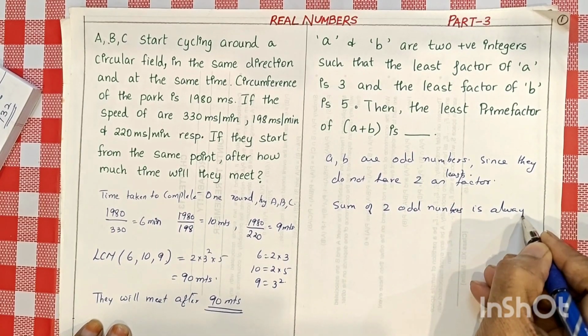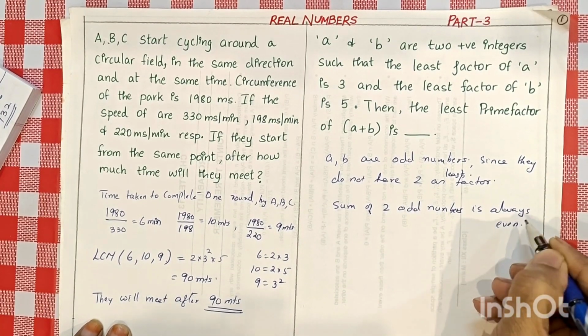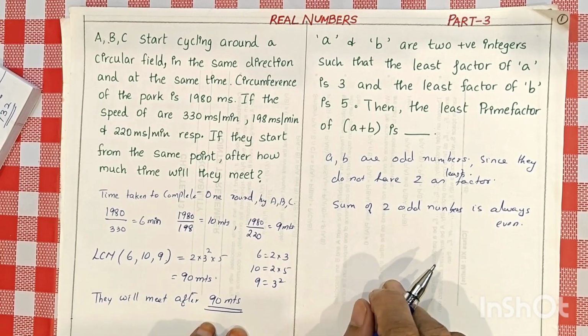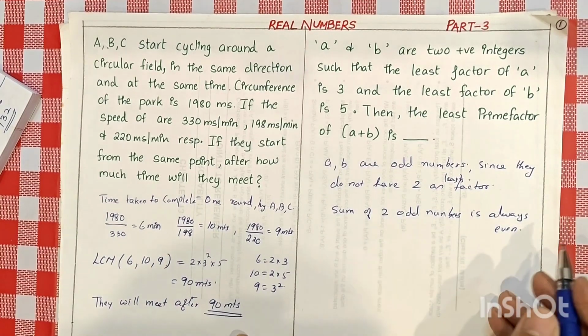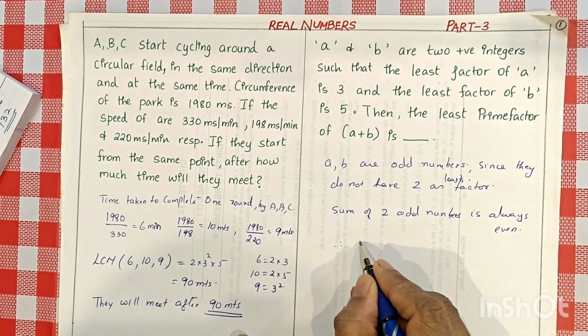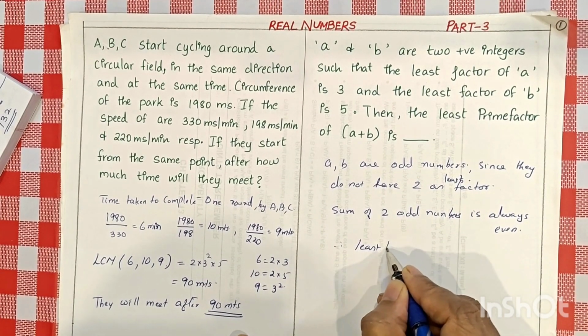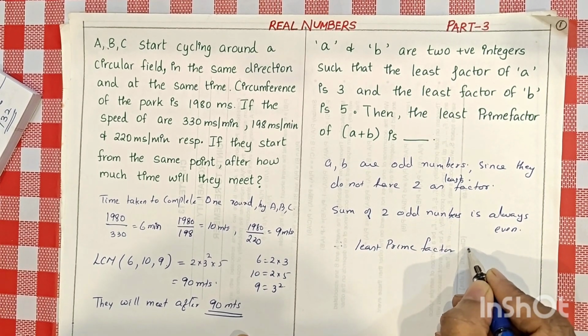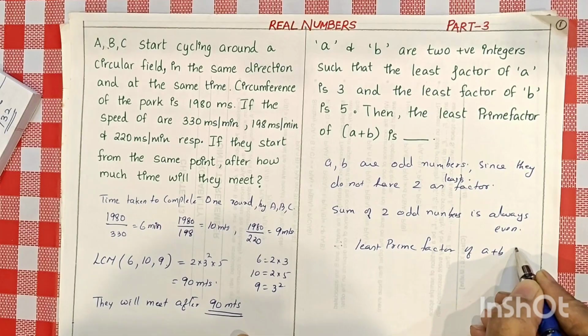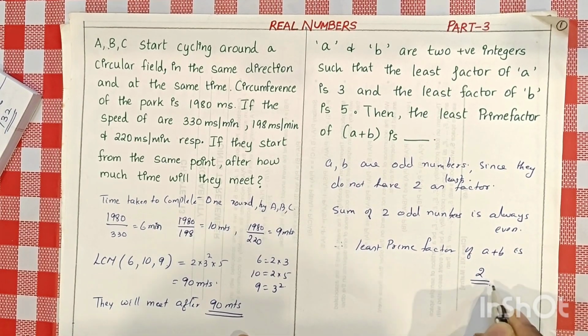You can check it. So if it is even, just now I told you, if it is even, the least prime factor will be 2. Therefore, the least prime factor of A plus B is 2.